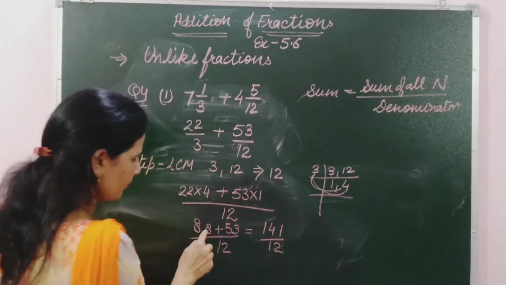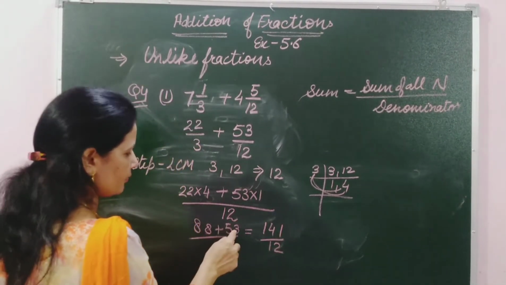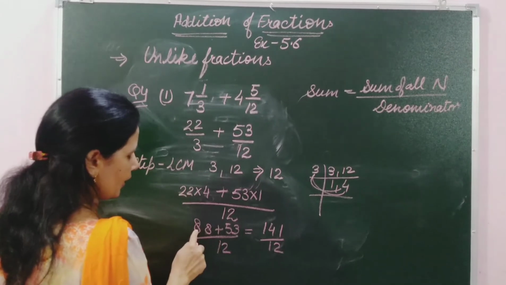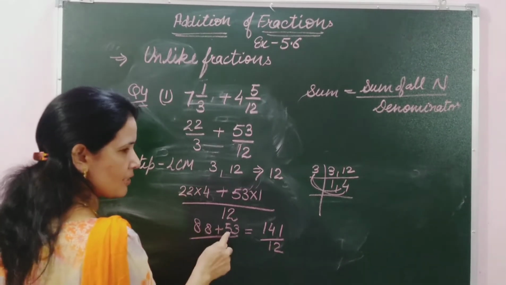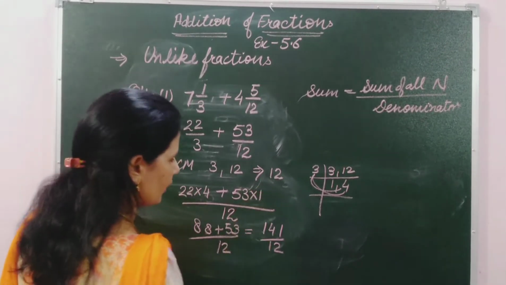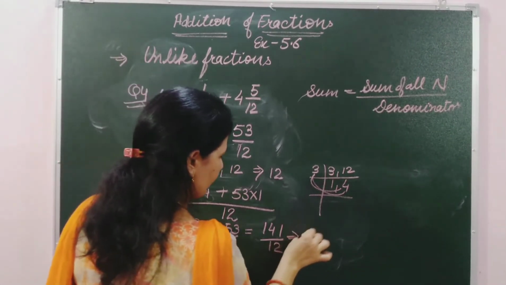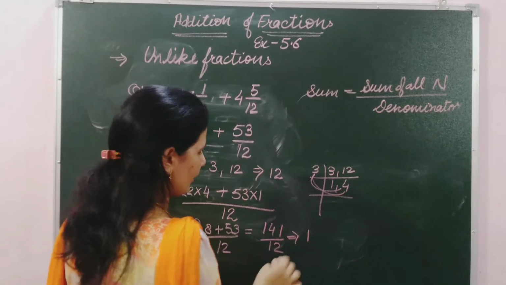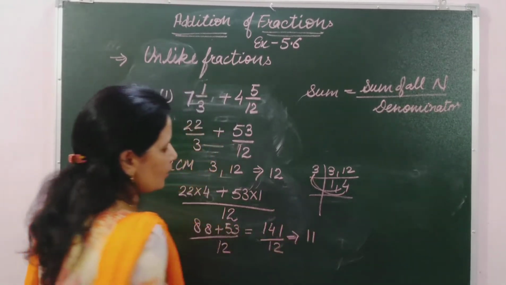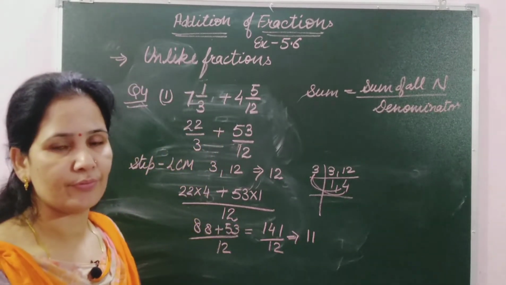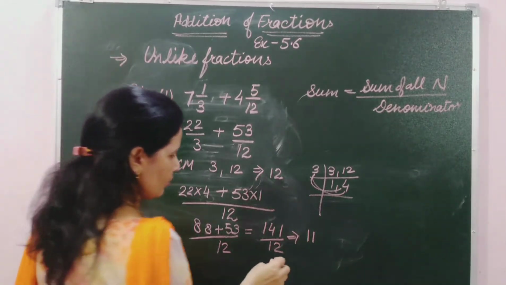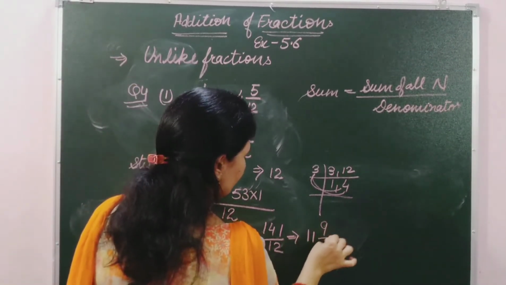Let's check again: 8 plus 3 is 11, 1 carry, 8 plus 5 is 13, 13 plus 1 is 14. Now convert into a mixed fraction. 12 1s are 12, remainder 2. Then again 12 1s are 12, 21 minus 12 is 9. So here we get 9 by 12.